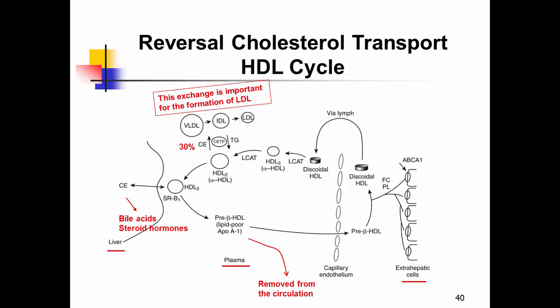Once the cholesterol esters and triglyceride are picked up by the liver, alpha HDL becomes lipid-poor pre-beta HDL again. This will again go to the peripheral tissue and pick up cholesterol, and the cycle goes on. Any questions about this HDL cycle, the reverse cholesterol transport?